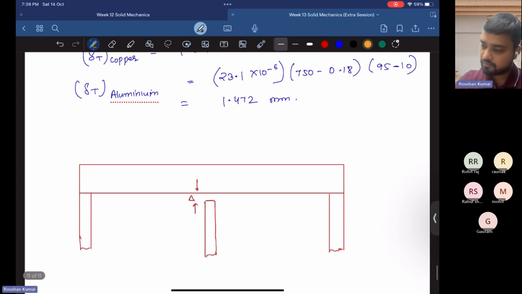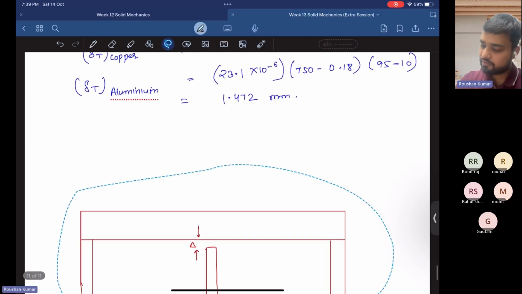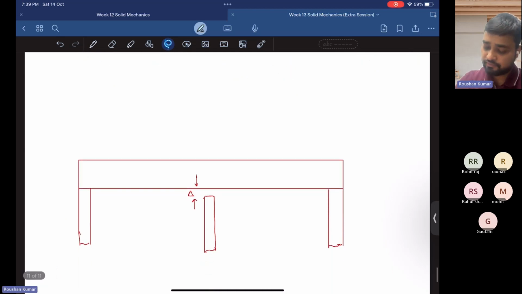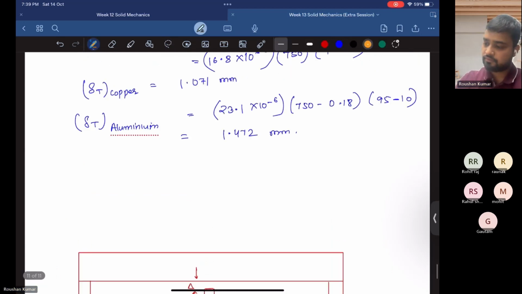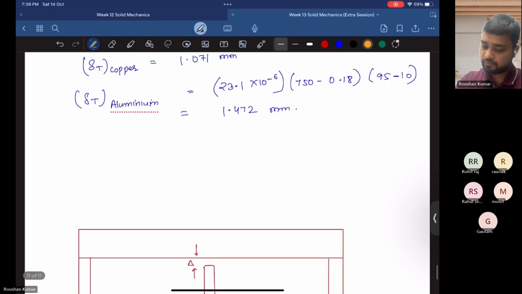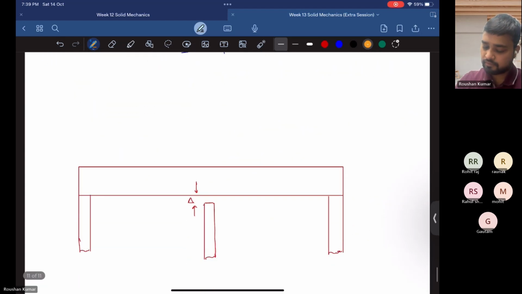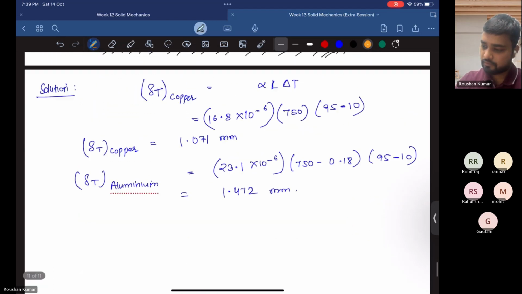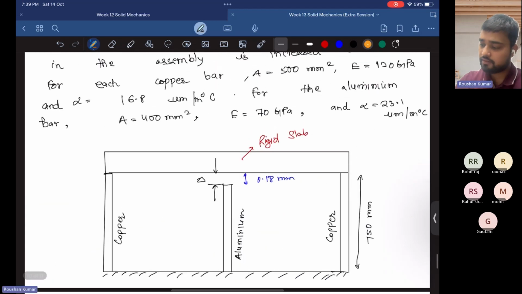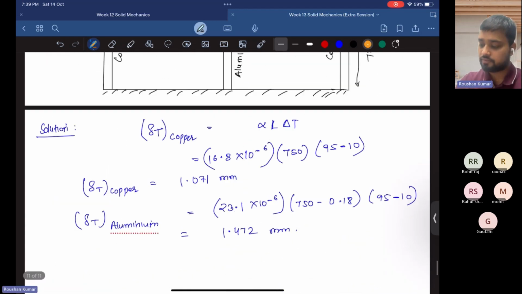Now suppose that after the increase in temperature, that rigid slab is shifted upward.